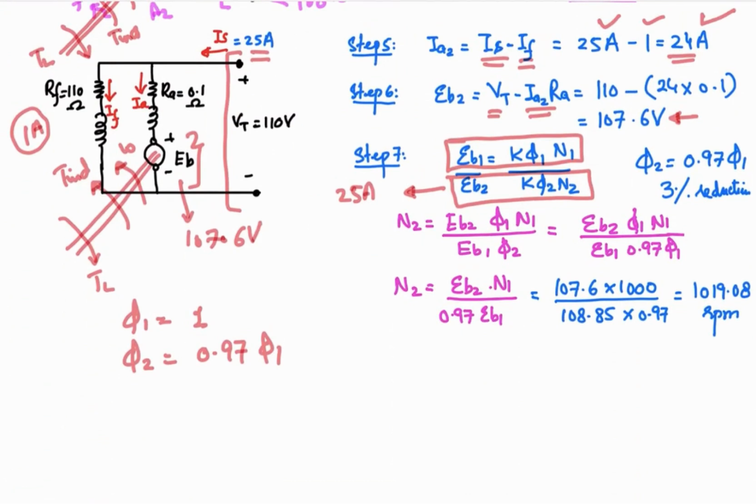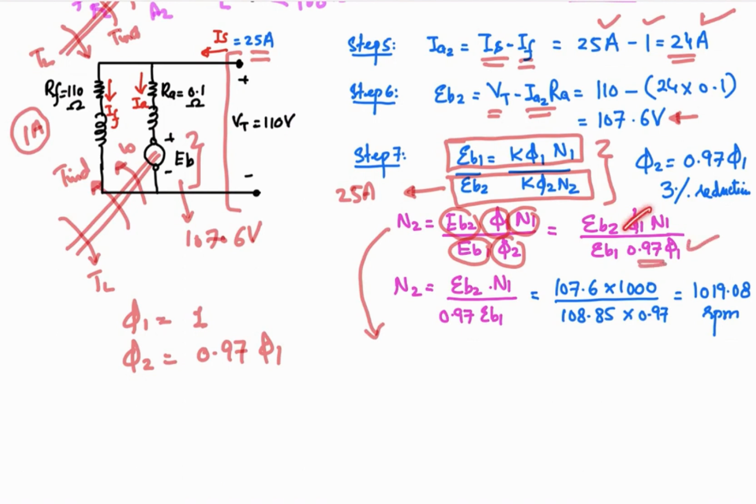So just using this equation, rearranging it for N2, because we have taken the ratio of these two as we have considered in the previous tutorial as well. Please go through those tutorials for the details. So N2 will be equal to EB2 into phi 1 into N1 divided by EB1 into phi 2, and phi 2 is 0.97 times phi 1.